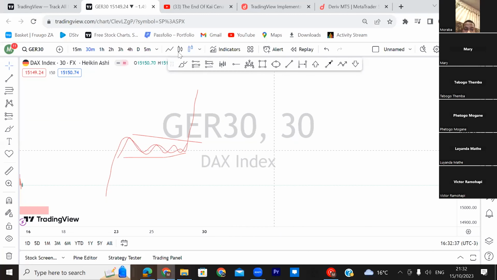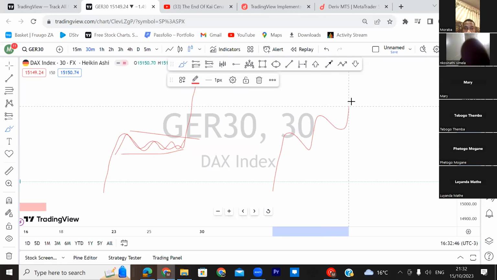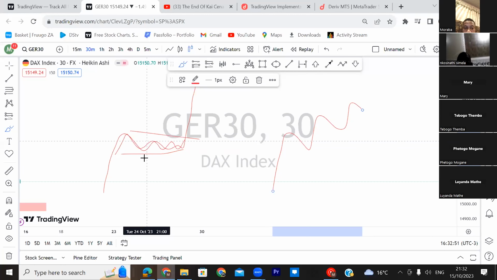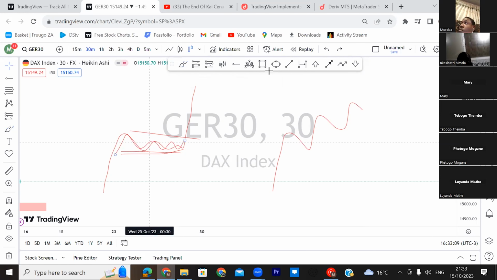And then we have the second kind of correction, right? From an impulse, and the price would start correcting. So the difference between the continuation correction and the reversal correction is that the continuation one is more flat. As you can see, you can use a horizontal line to spot it out.